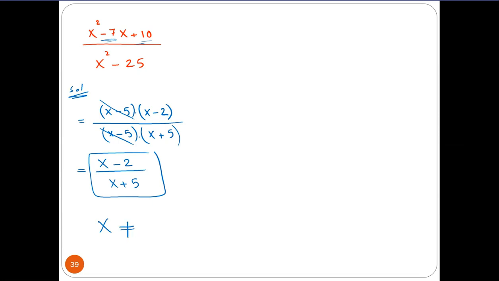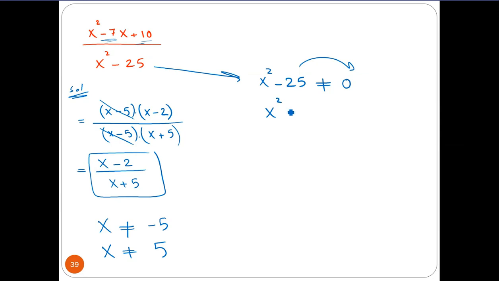Not equal negative 5 and not equal also 5. لأنه احنا من هنا بنحط x squared minus 25 must be not equal 0. صح ولا لا؟ If we move it to the other side, x squared equals 25, by taking the radical, x not equal, sorry, so we have x not equal positive or negative 5, which is the root of 25. Okay. Any question?